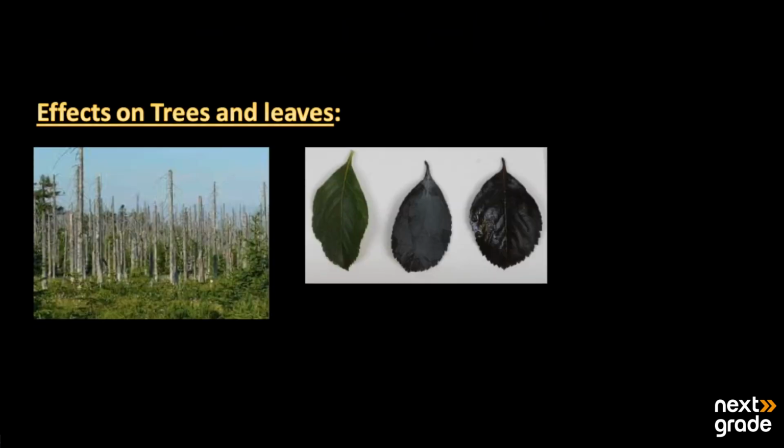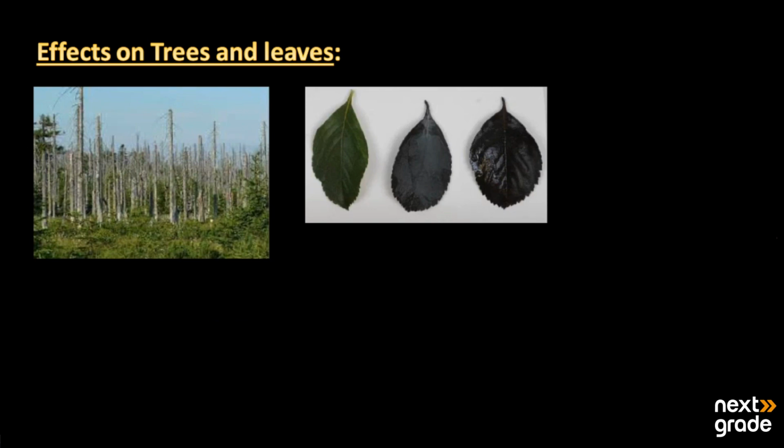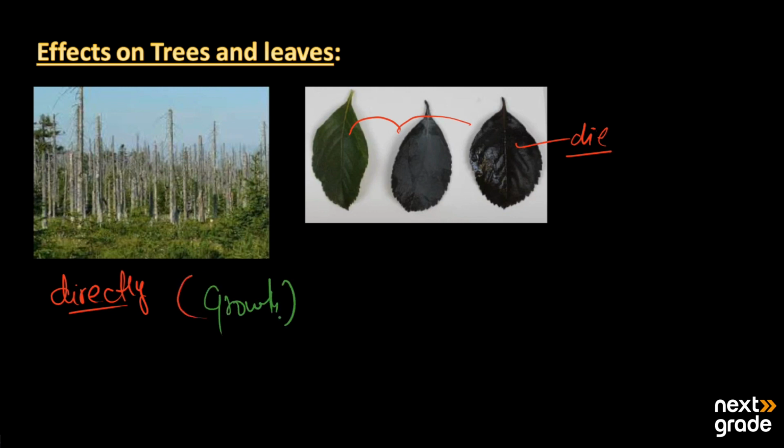Then we have effects on the trees and the leaves. In this picture, you can see that the green leaves started to turn darker and darker. In the end, they started to die and fade out. So the acid rain also damages the leaves and trees directly. When it falls upon the surface of the trees and plants, it limits their growth or stops the growth.